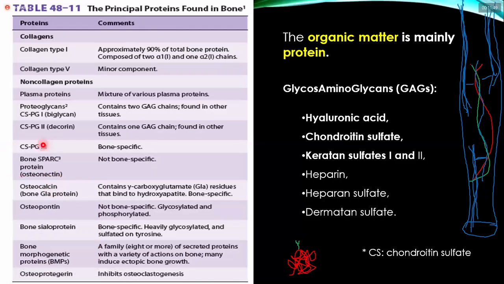Examples of these types of proteoglycan are type 1, type 2, type 3, and you can see here the CS abbreviation, which is the abbreviation of the chondroitin sulfate structure. Chondroitin sulfate is the type of carbohydrate that we have in these proteoglycans.